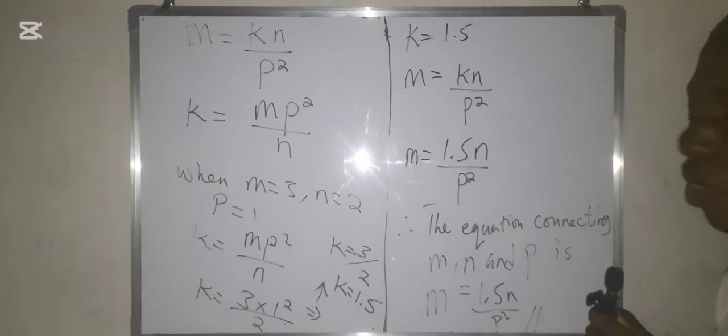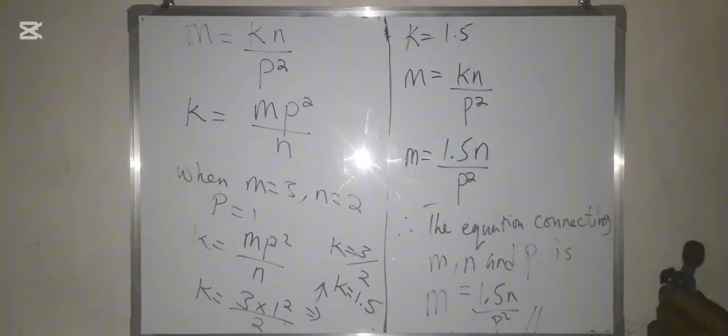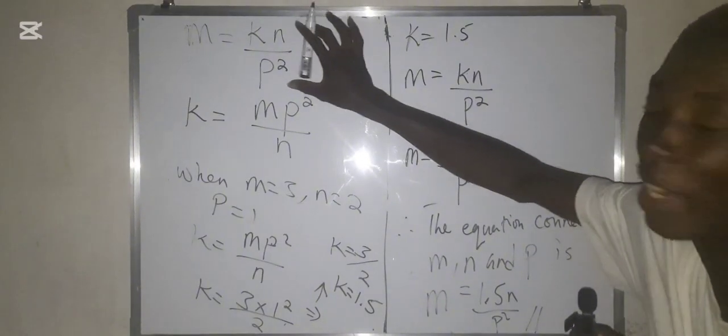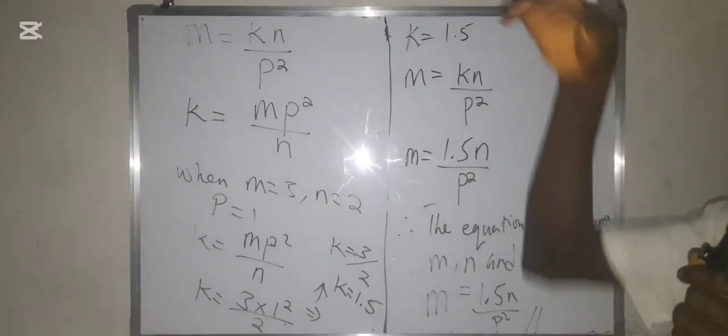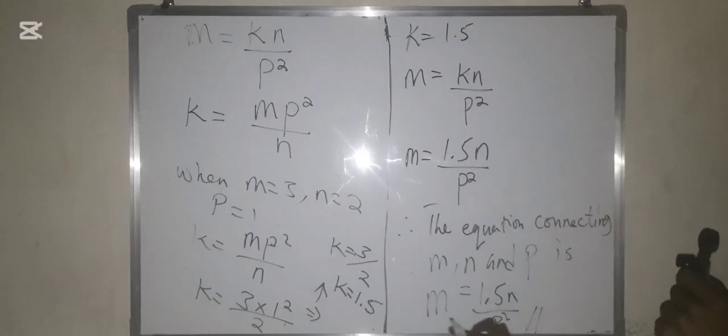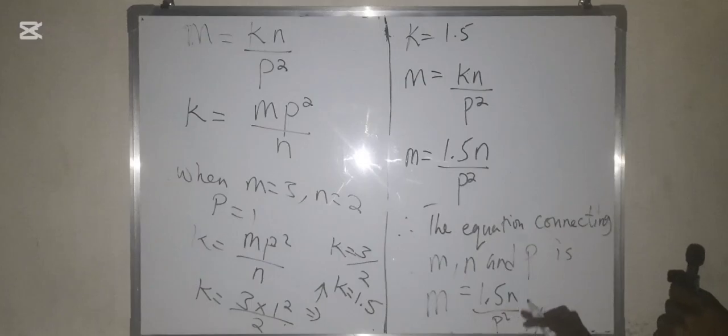So it's not the earlier one, provided that there is no additional question asked. So we conclude that the equation connecting M, N, and P is M equals 1.5 N over P square.